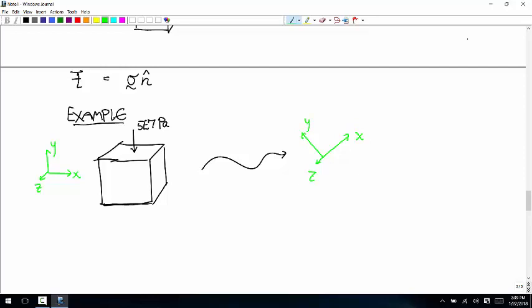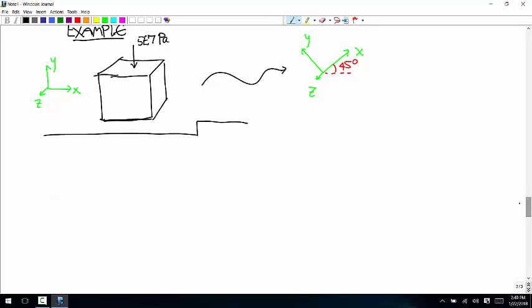X, Y, Z. Okay, well, first, the stress tensor in the old coordinate system, I'll call it the old stress tensor.